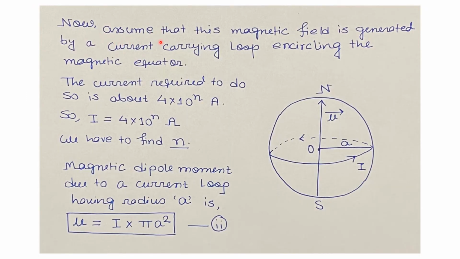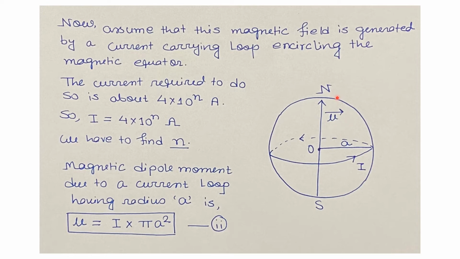Now assume that this magnetic field is generated by a current carrying loop encircling the magnetic equator. In the diagram we can see a current carrying loop encircling the magnetic equator of the Earth, having radius a, which is the Earth's radius, and the passing current is I. Due to this current a magnetic field will be generated, and the corresponding magnetic dipole moment is mu vector, directed towards the north.